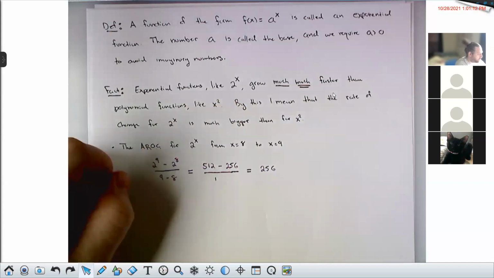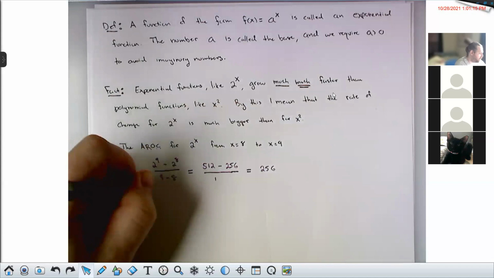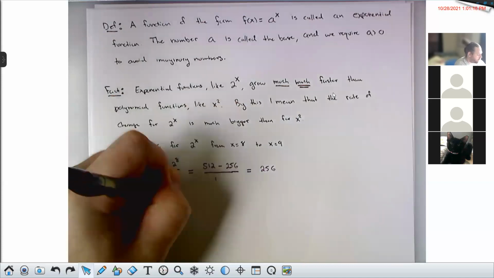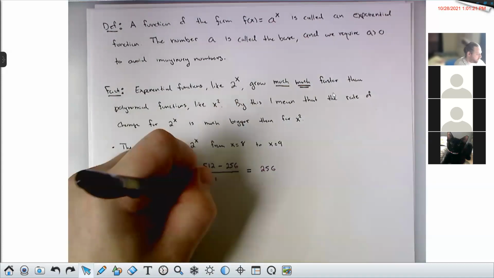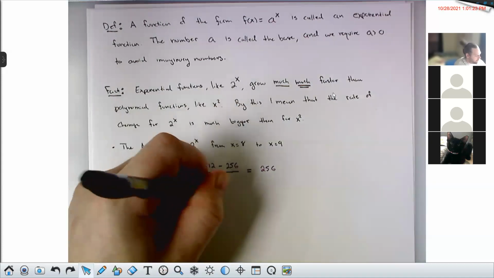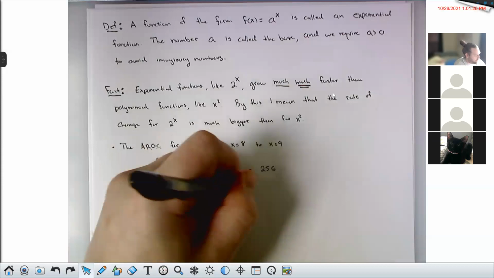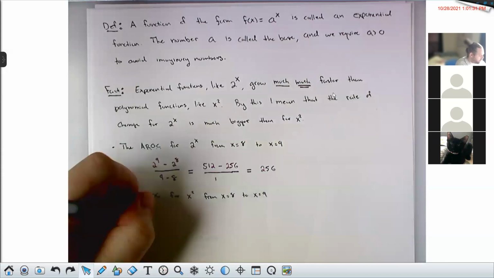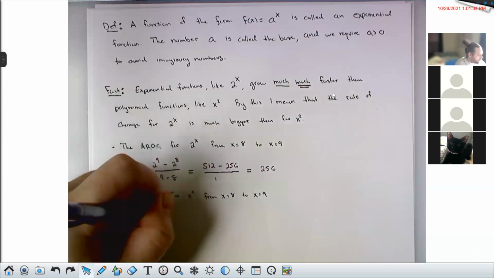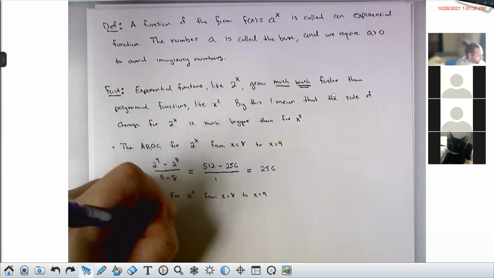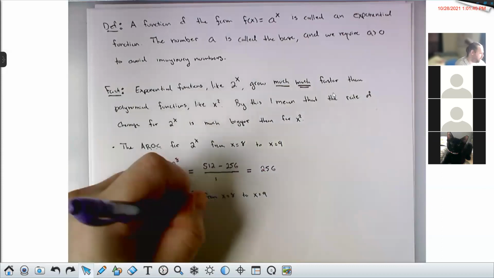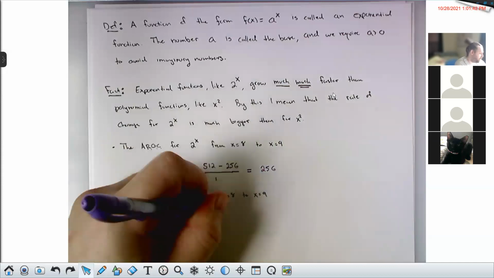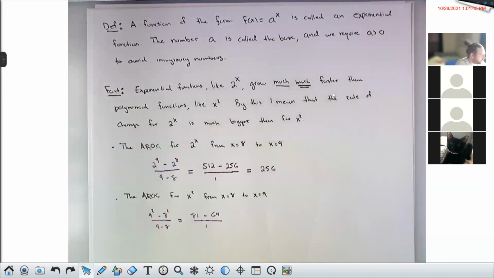That same average rate of change for x squared, so the average rate of change for x squared from x equals 8 to x equals 9, is 9 squared minus 8 squared over 9 minus 8, which is 81 minus 64 over 1. 81 minus 64 would be 20, so this is 3 less than 20, which is 17.